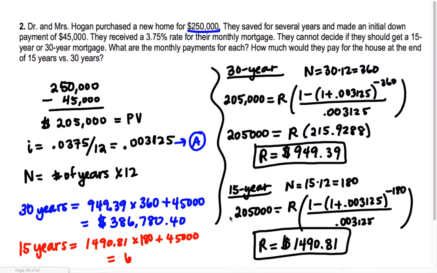So when I multiply it, 1490.81 times 180, I get $313,345.80. So a little bit less, right? Not a ton less, but I mean $73,000 less. I'll take that money.